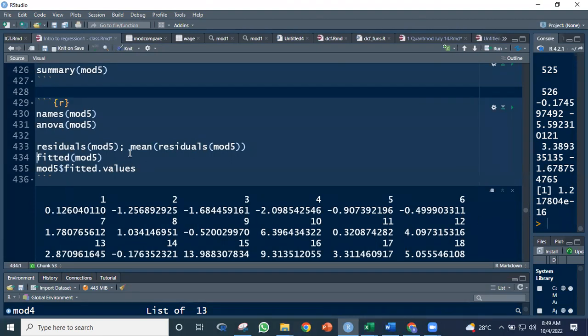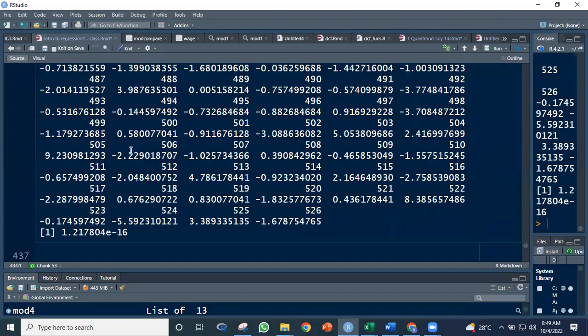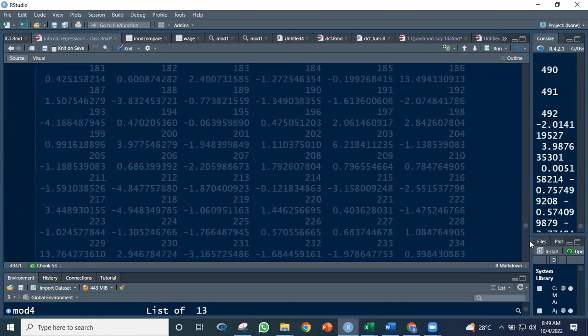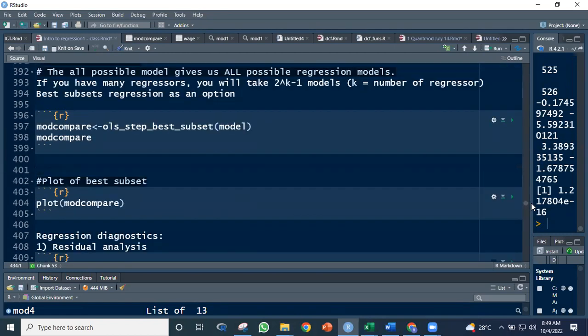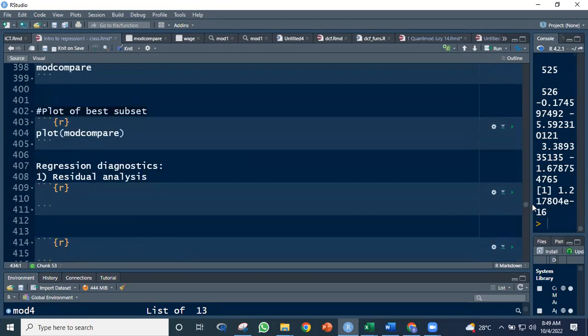It seems wrong. Wait, that's the residuals. I'm getting the mean.